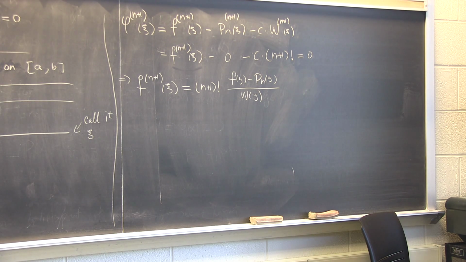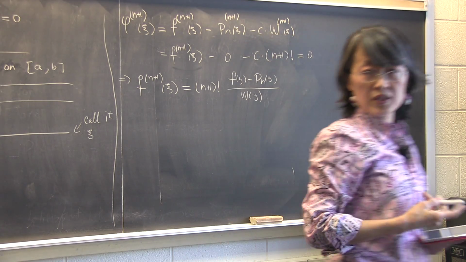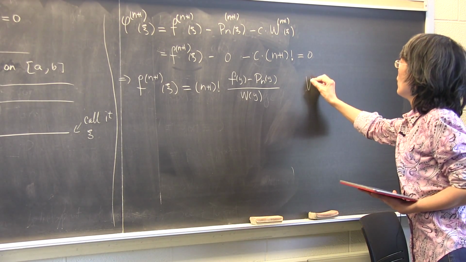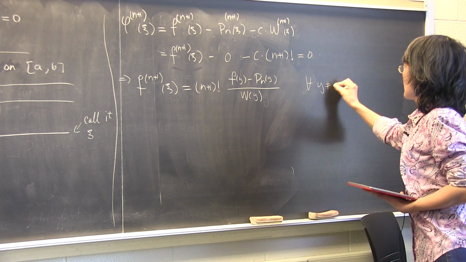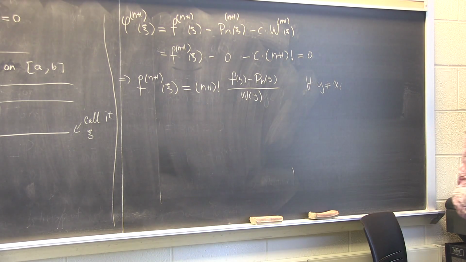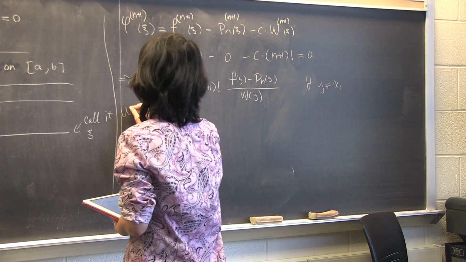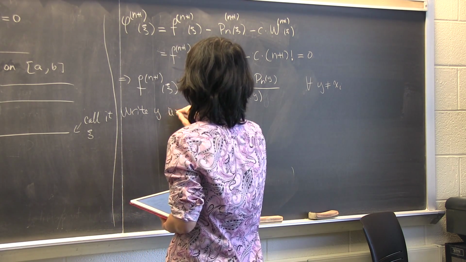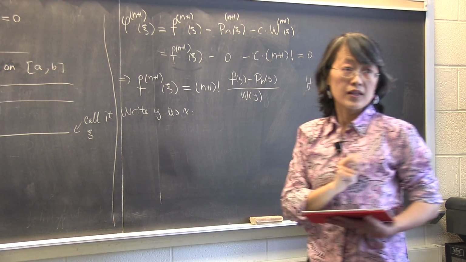Otherwise, it's trivial, right? So there is no restriction on where you can choose your y. So at this step, I can let y be the variable and say that this expression holds for all y that does not equal any of the xi's. Is that okay? And then y becomes the variable here. I can write it back. So write y as x, and then you get the estimates.